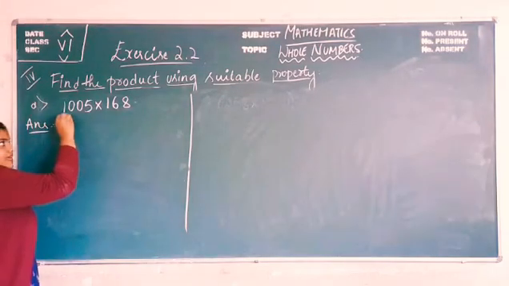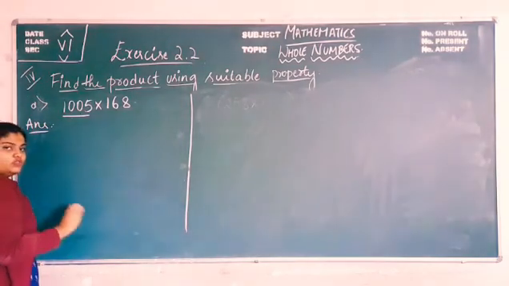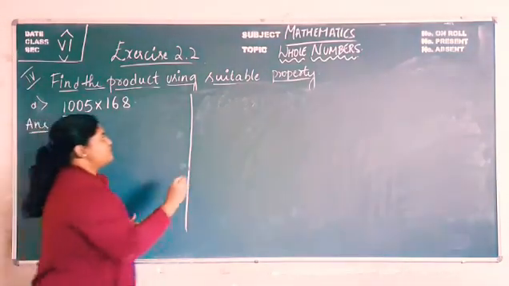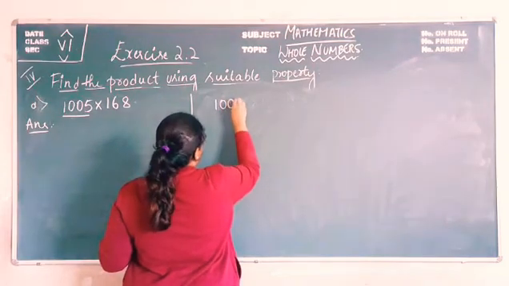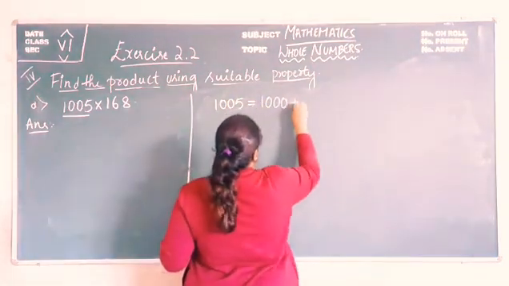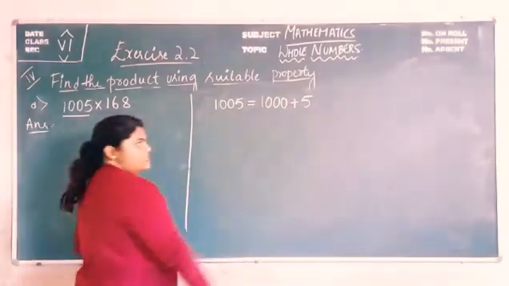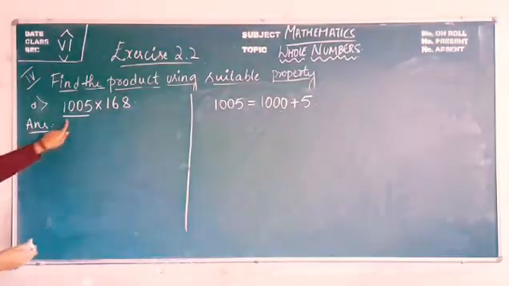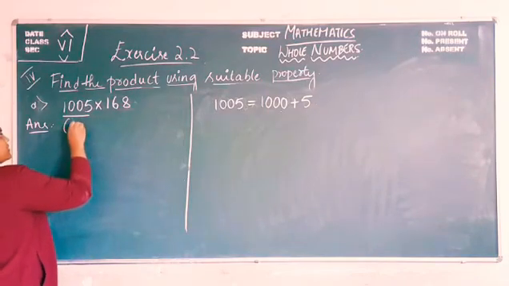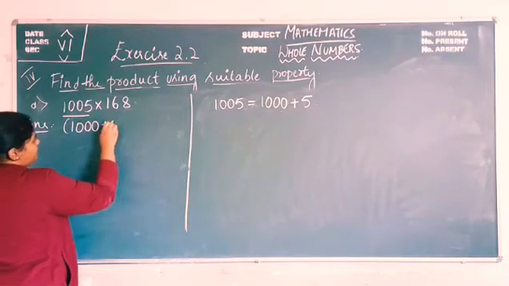Here we have 1005, which can be written as 1000 plus 5. So in place of 1005, we will write 1000 plus 5.